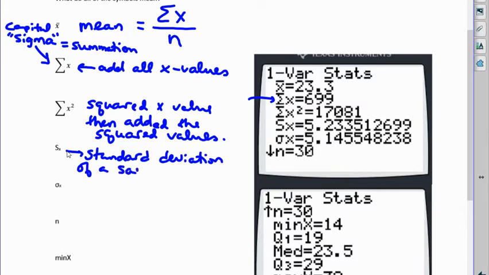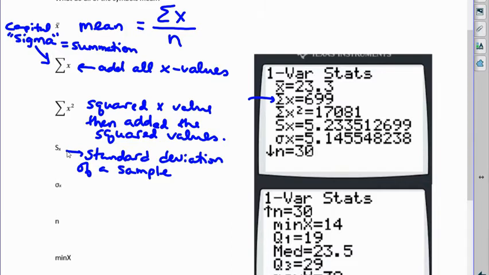This is what you expect the sample to vary by on average, in the same units as the mean. So if it's the number of babies, you expect on average each day 5.23 babies to vary from the mean. That's on average how much it does vary from the mean in a sample.